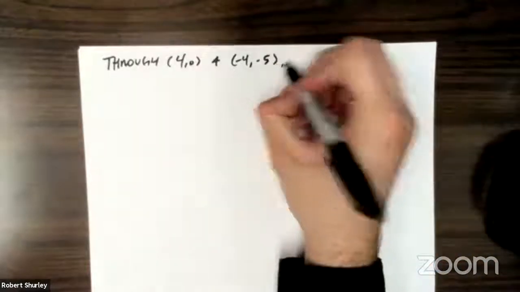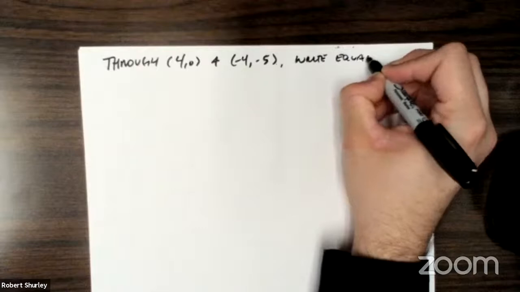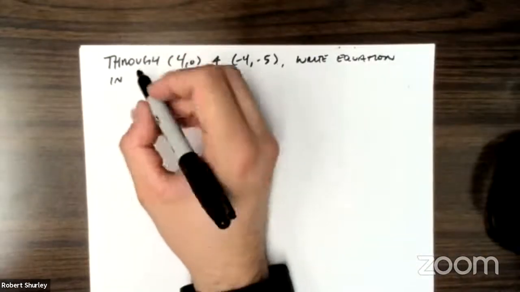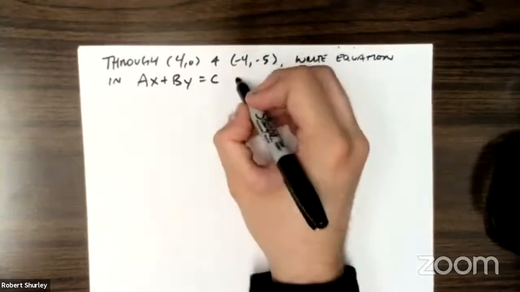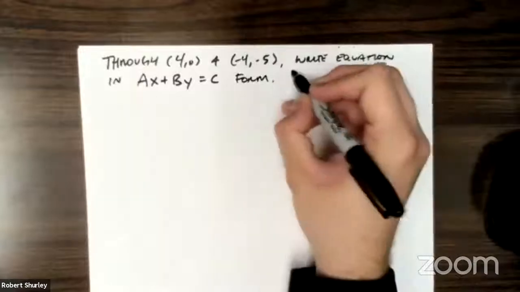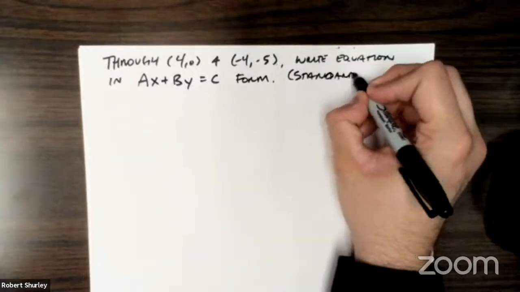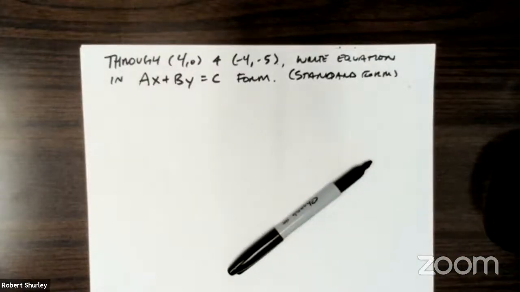But they want us to write the equation in ax plus by equals c form. So remember, this is called standard form. So they want us to write this in standard form.